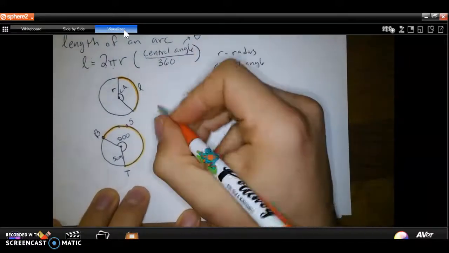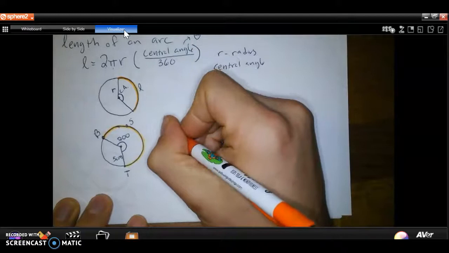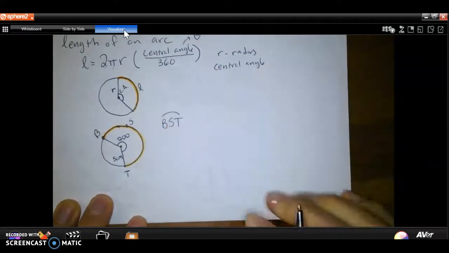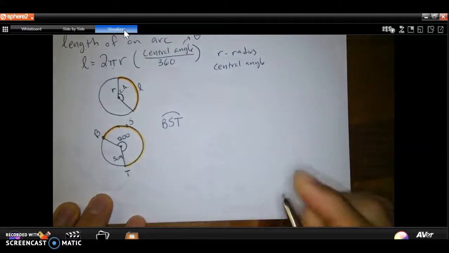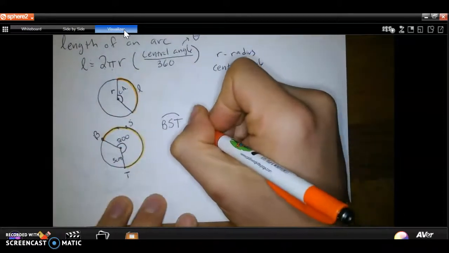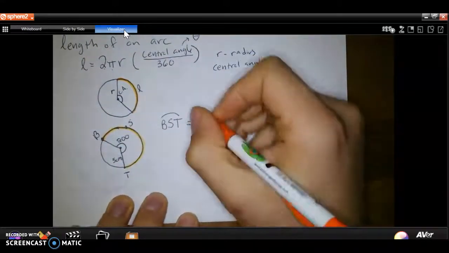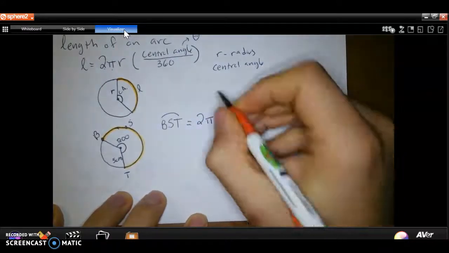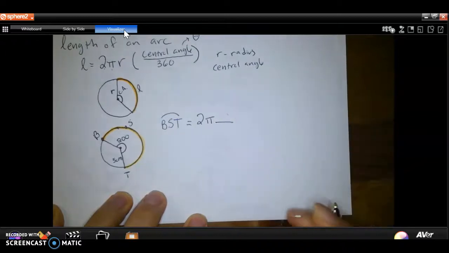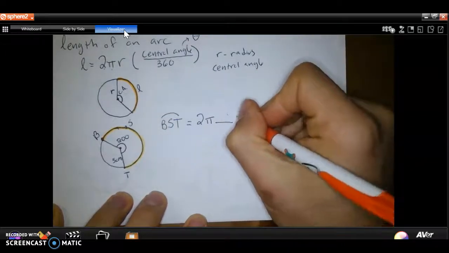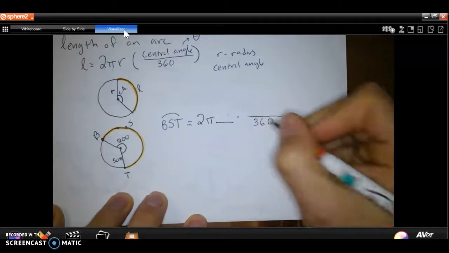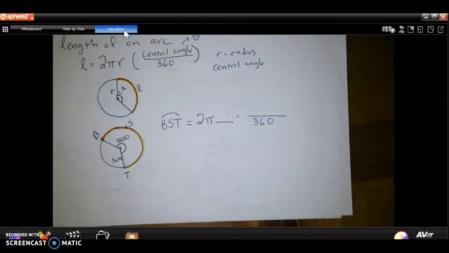If we wanted to find the length of BST along this side, it is going to be given by 2 times pi times our radius, which I'm just going to write in as blank, times blank over 360.